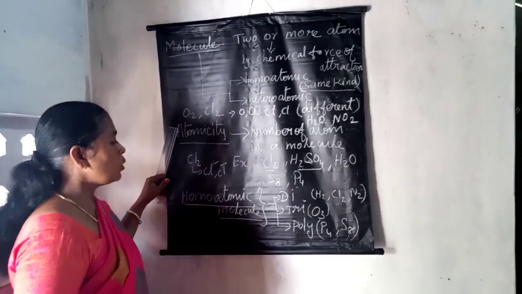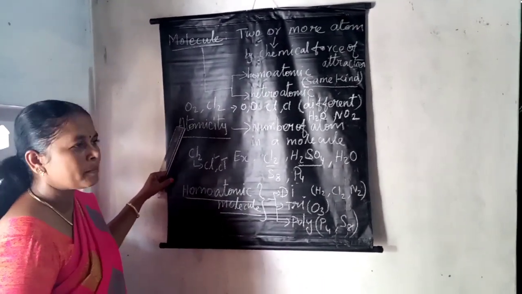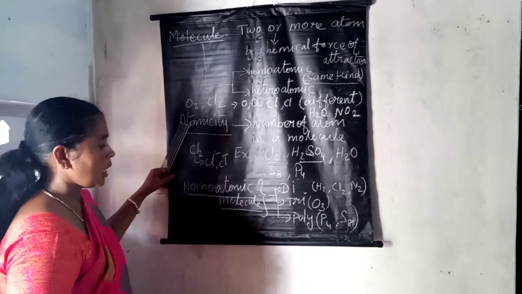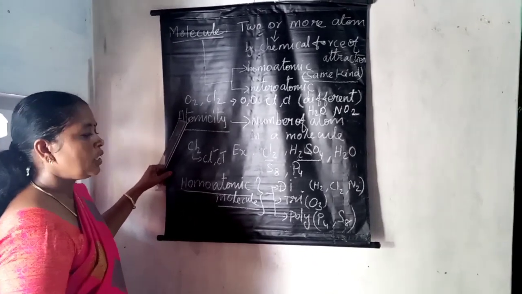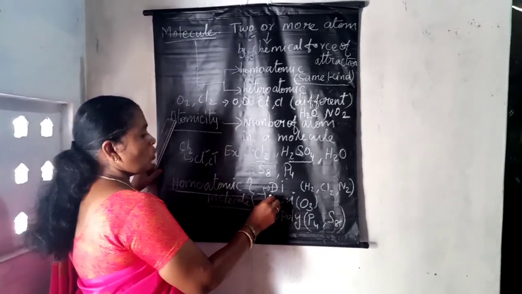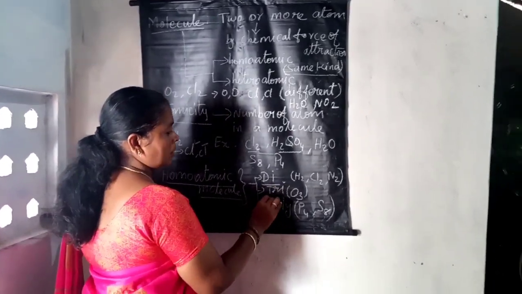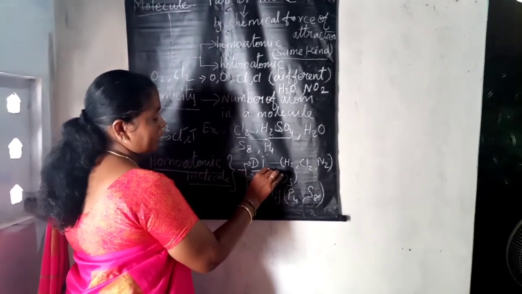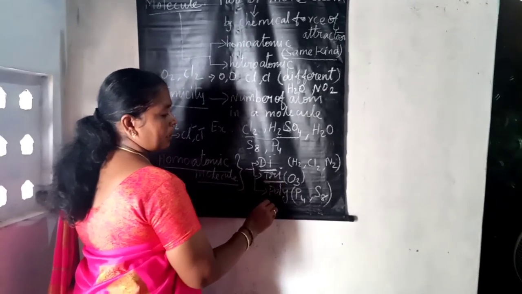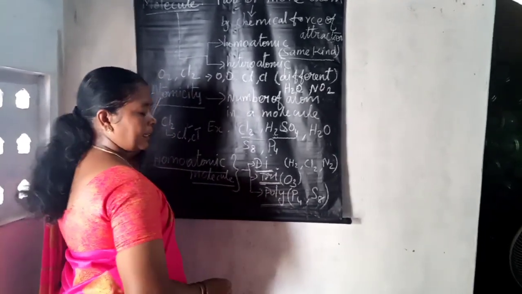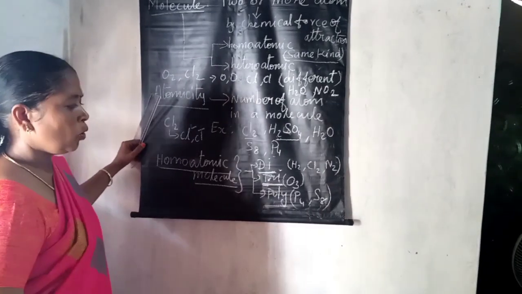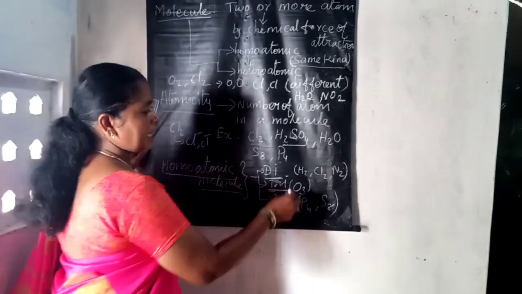Okay, next we go to homoatomic molecule. What is meant by homoatomic molecule? Already we saw that one. That is also divided into 3 types: homodiatomic molecule, homotriatomic molecule, and homopolyatomic molecule. I have given the examples also.